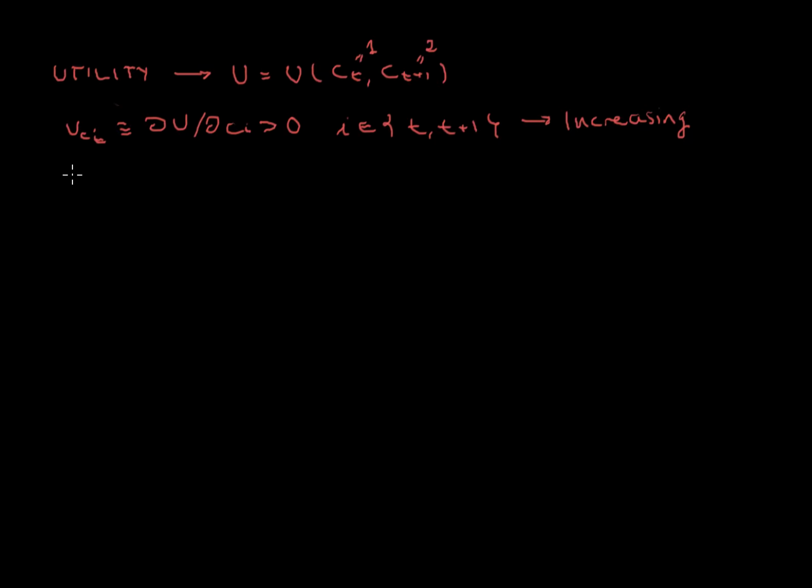Another typical assumption is this, by definition: the second partial derivative with respect to c_i, but also with respect to c_j, and this would be smaller than 0 when i and j are as above.